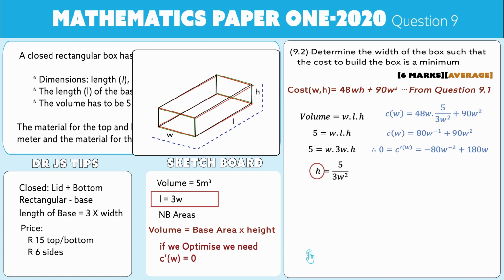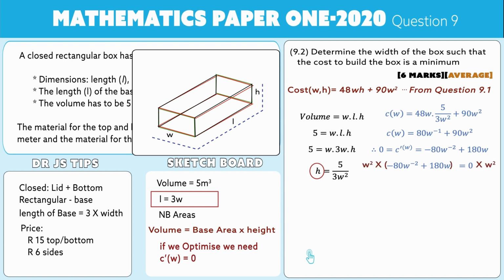So let's go and do that up here. We get 180 W minus 80 W to the power -2, equal to naught. Ideally I want to get rid of this negative power, so I'm going to take both sides and multiply with W squared.